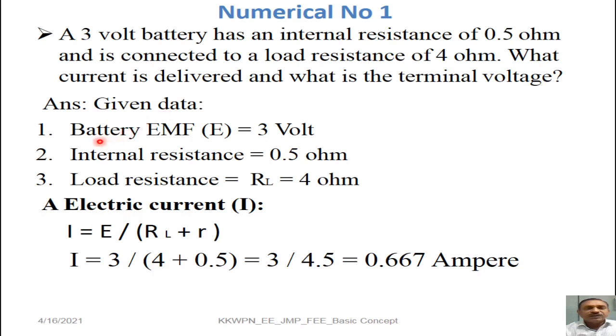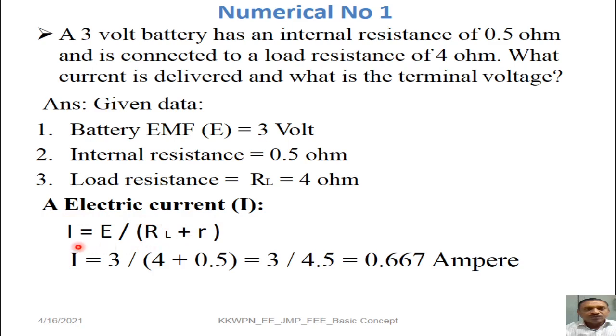The battery EMF, capital E, is 3 volt, internal resistance, small r, is 0.5 ohm, then load resistance RL is given as 4 ohm. We have to estimate the electric current and then the terminal voltage. So let us first calculate the electric current.